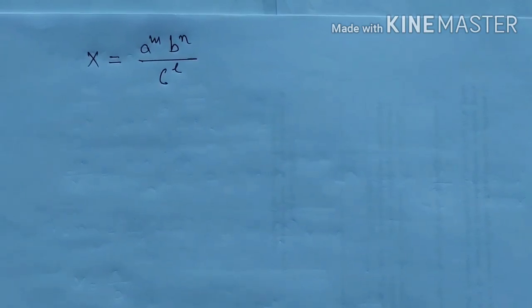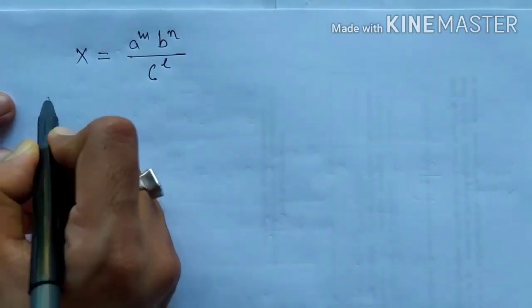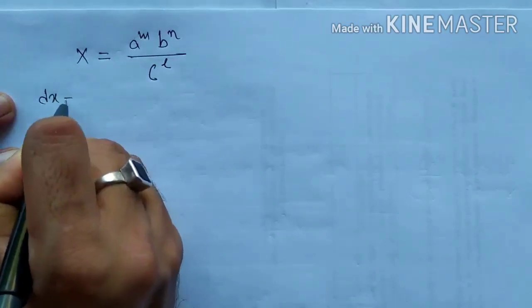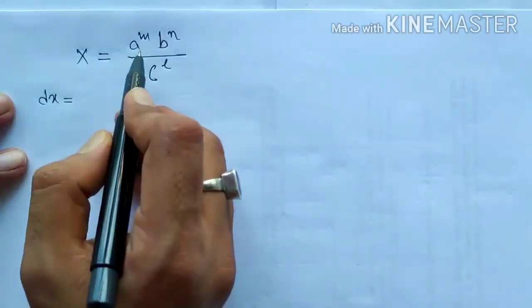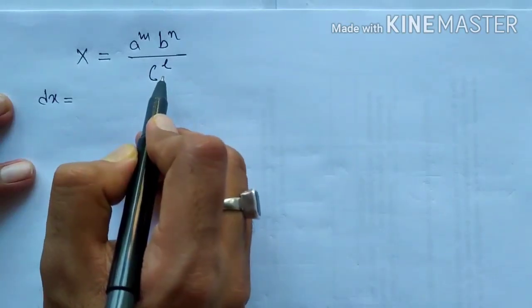So it is just similar to what we have done already. So first let us do the differentiation. So dx will be, I am differentiating x, dx will be equal to, when I am differentiating A to the power M, I am treating B to the power N by C to the power L as constant.